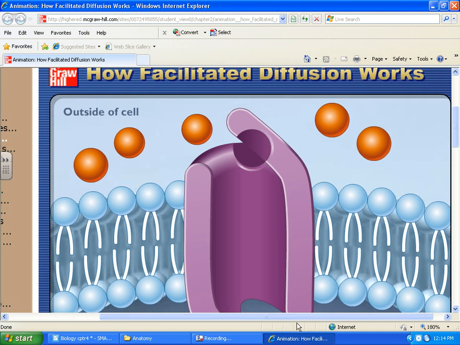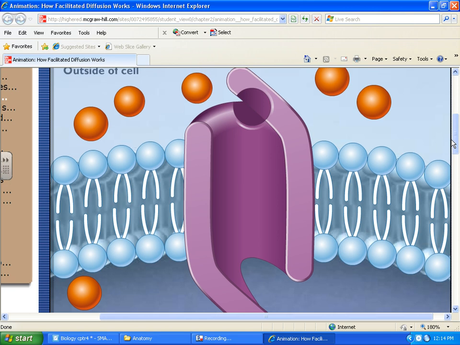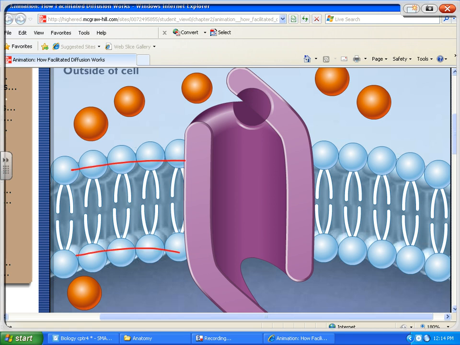Okay, so imagine we've got something like this. Here's our cell. Here's our phospholipid bilayer right through here. This part's non-polar, so these are all polar molecules. They can't normally go through. But if there is a protein that it fits, it can use this like a secret passageway and go into the cell.